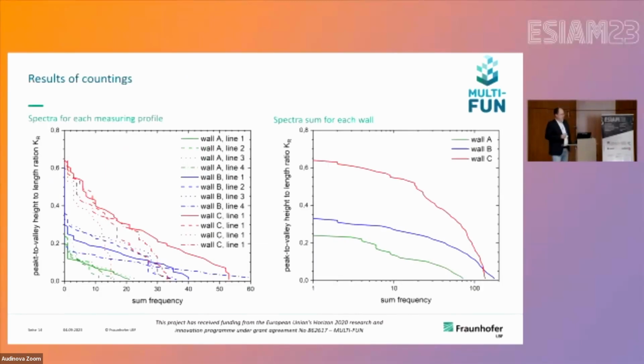And if you do this for the different walls, for the red surface you get, for each measurement, these different spectra. Then for the blue one, you get another set of spectra, and for the green one, you get that one.